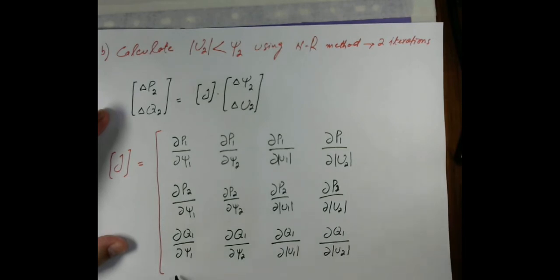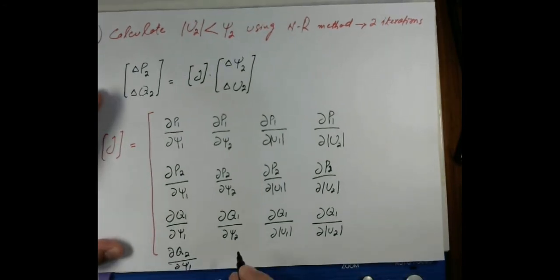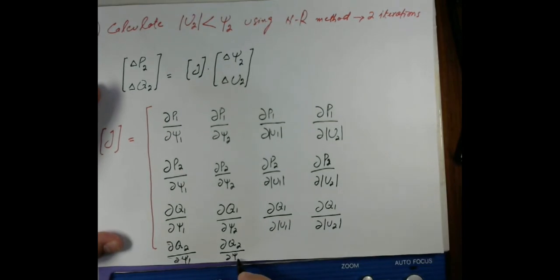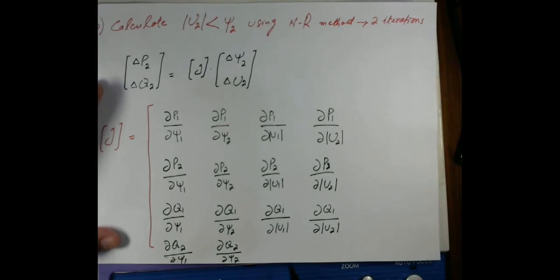The last entries will be Q2 over delta psi 1, then Q2 over delta psi 2, and then Q2 with respect to the voltage magnitude U1, and the same with respect to the voltage magnitude at bus number 2.